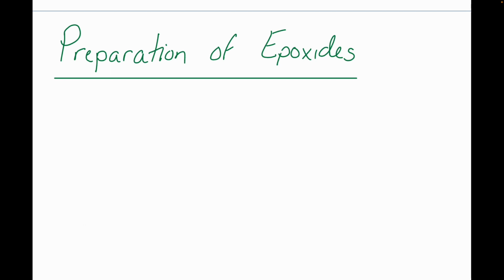All right, and epoxides are something that we've already talked a little bit about because we introduced one method of making them starting from an alkene. So let's just take a simple old alkene here. The first method was actually a multi-step method.